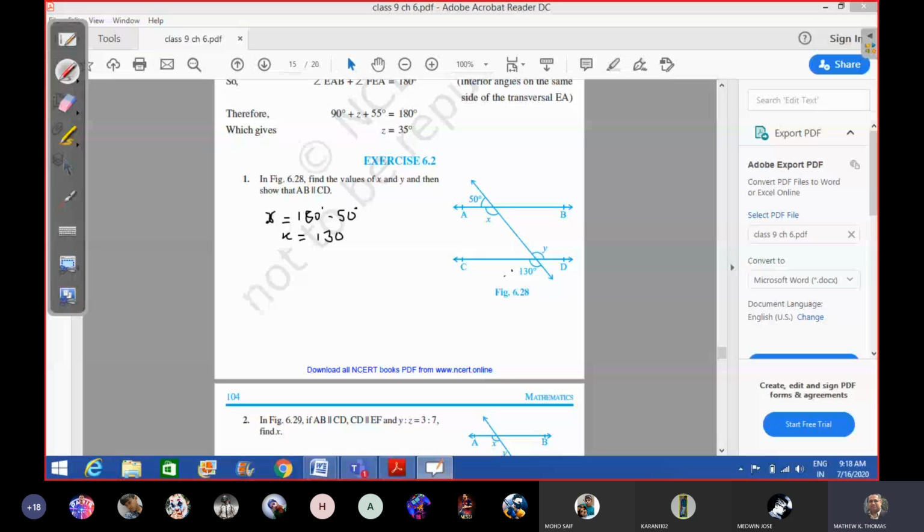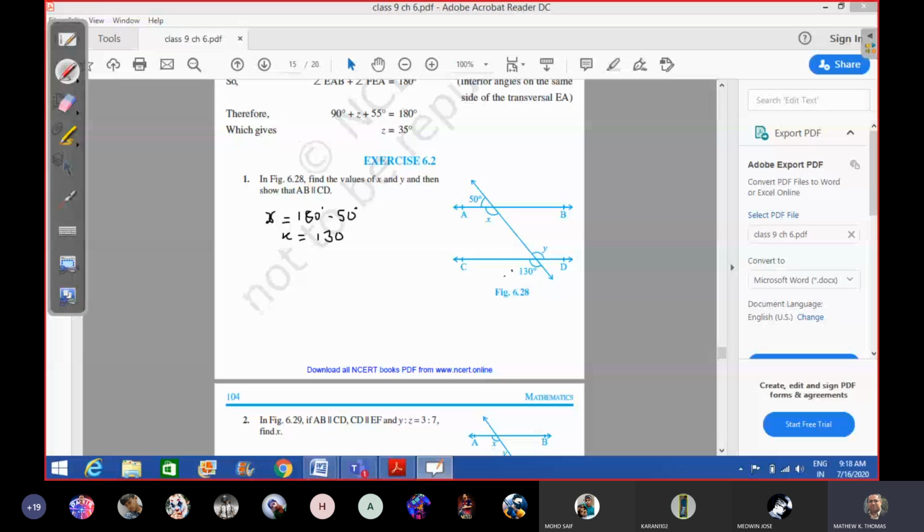We can use the property of vertically opposite angles. So the first part we are doing by linear pair, and the second part by vertically opposite angles. So we got x as 130, we've got y as 130. So first part is over.